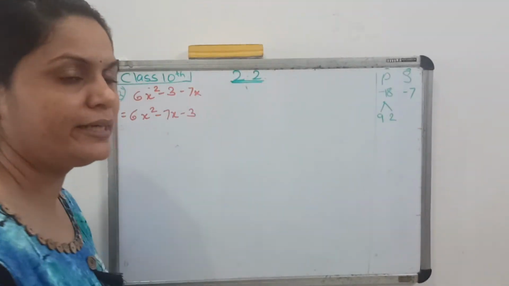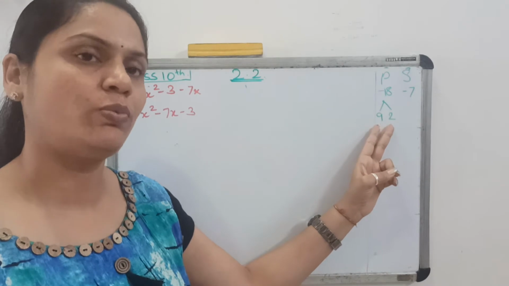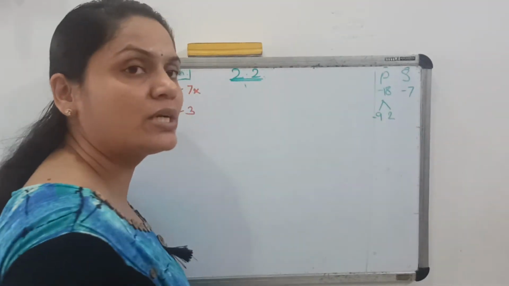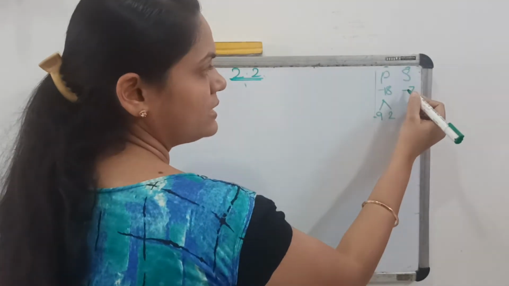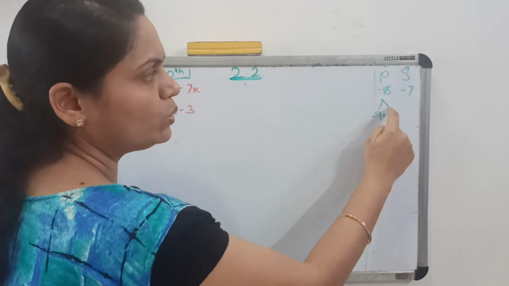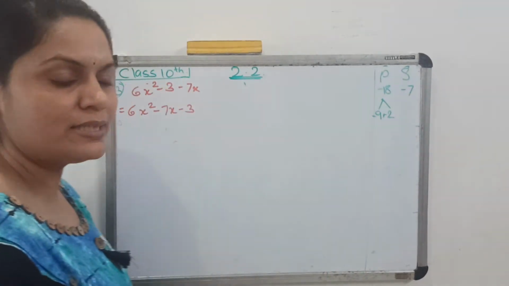As the sign with the product is minus, we have to take one minus sign here, and as the minus sign is with the sum, the larger number takes the negative sign. Minus 9 into 2 is minus 18. Minus 9 plus 2 is minus 7.